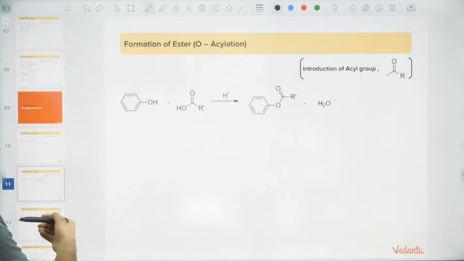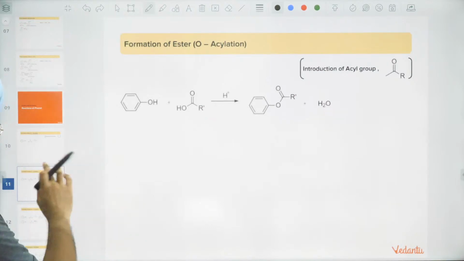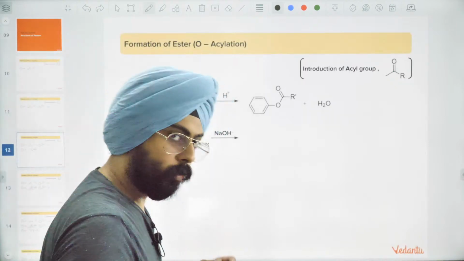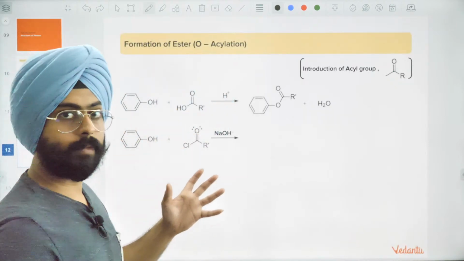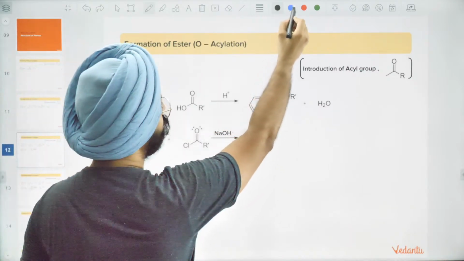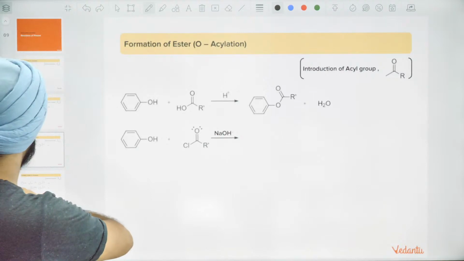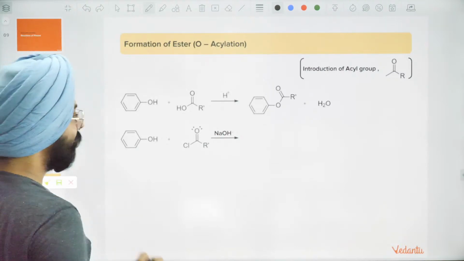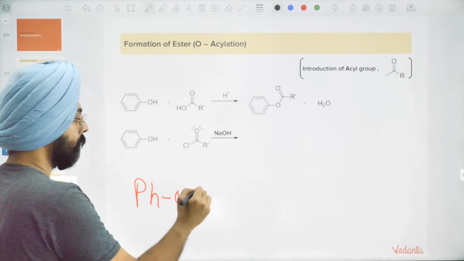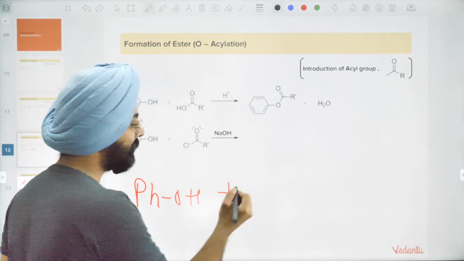Then, my dear friends, there are other ways of creating this as well. One more way of creating the ester, one more way of doing O-acylation is by reacting a phenol with an acyl chloride.